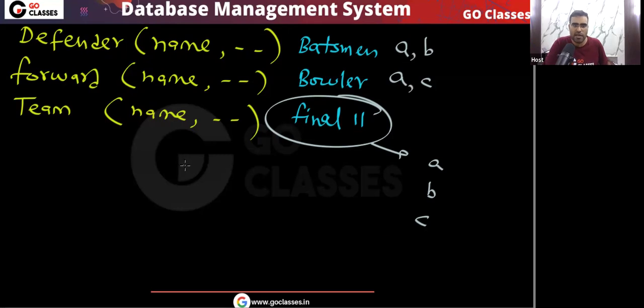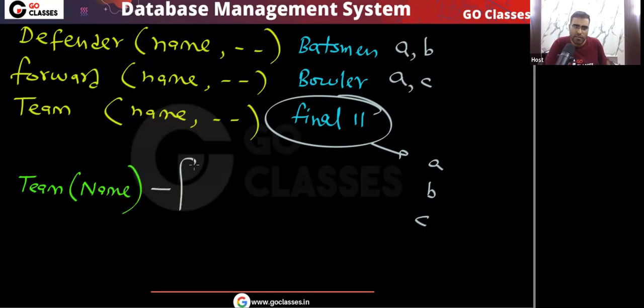Now let's see how to make sure of this. Making sure of this is very simple. What I can do is find the names from the table team. Let me find all the names from the table team.